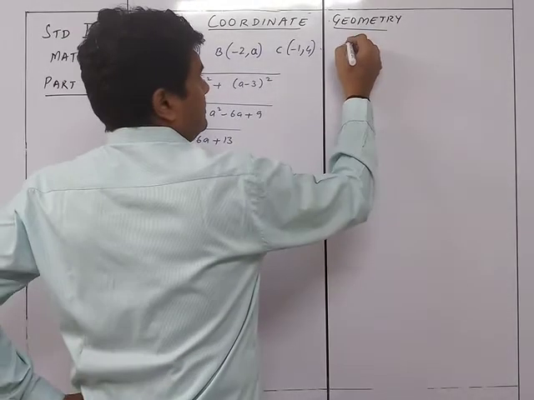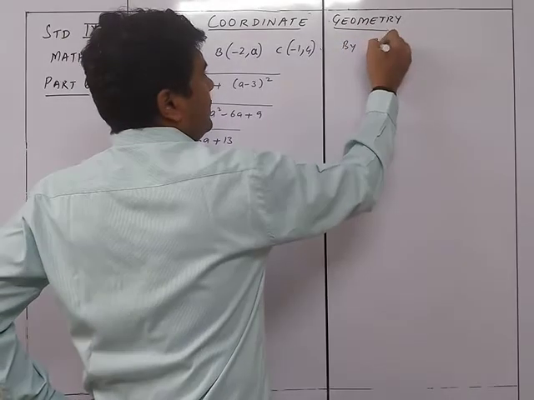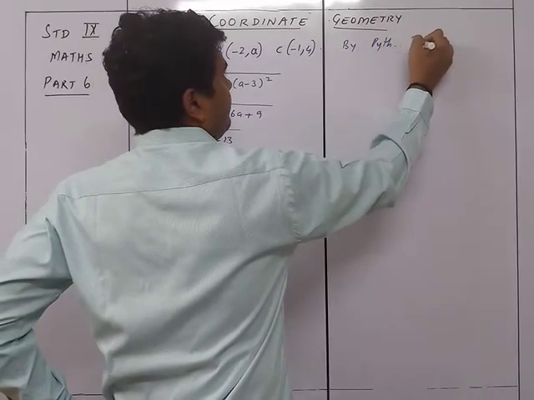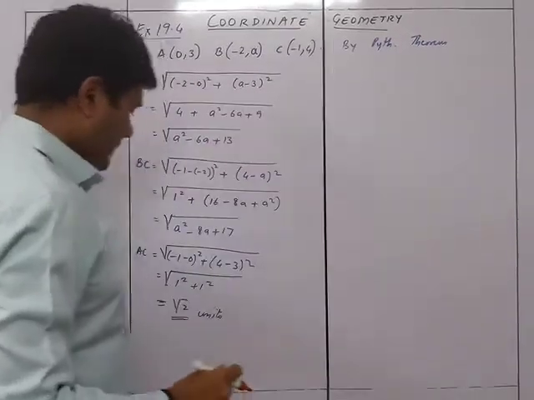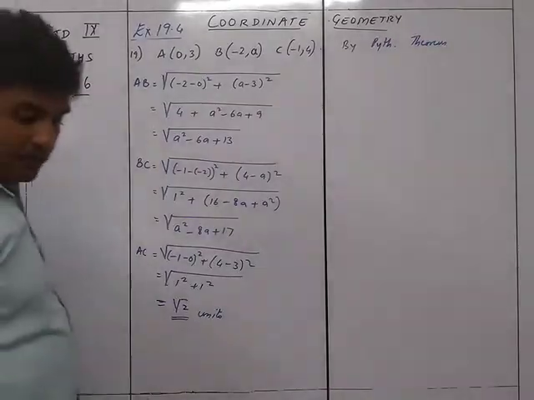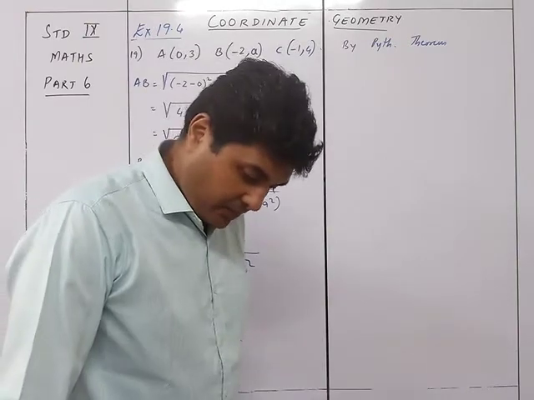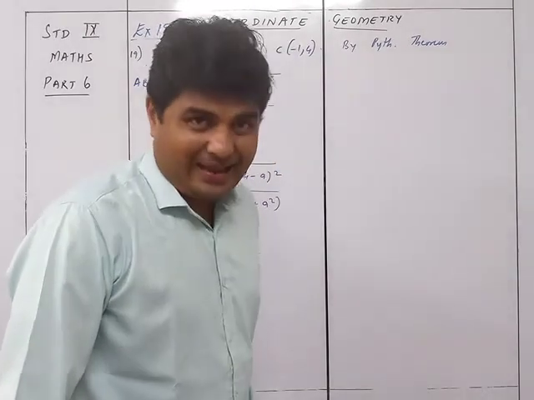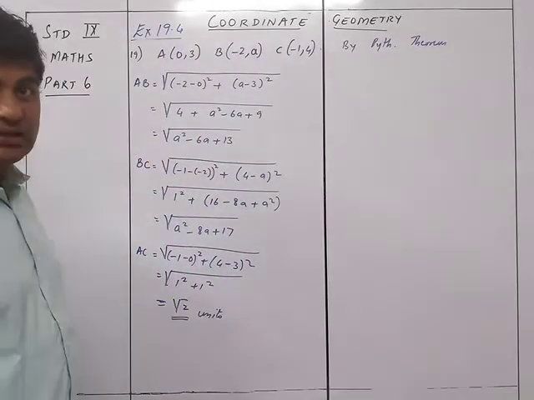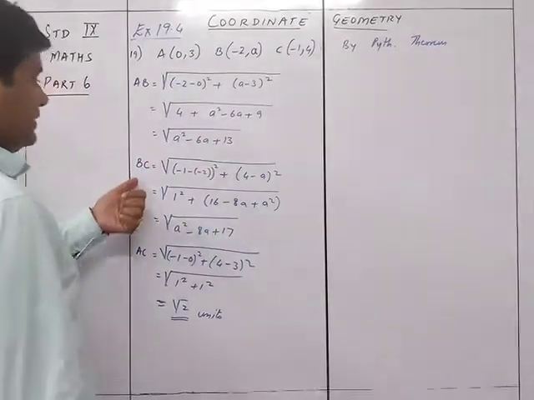Now, by Pythagoras theorem, we know that, they have given us that it is a right angle triangle at A, that means 90 degrees is at A, so therefore BC is your hypotenuse.